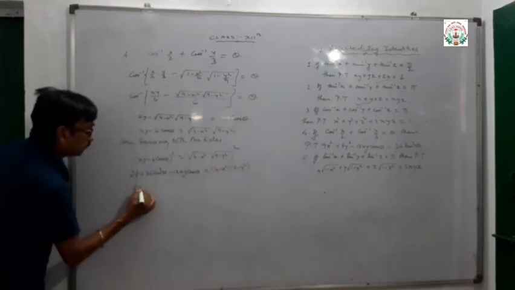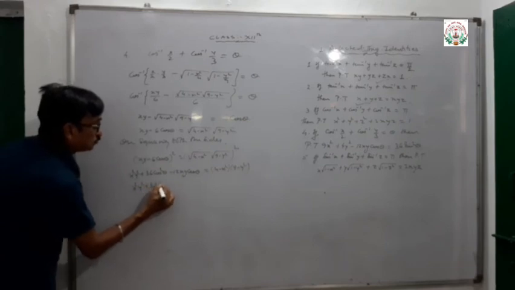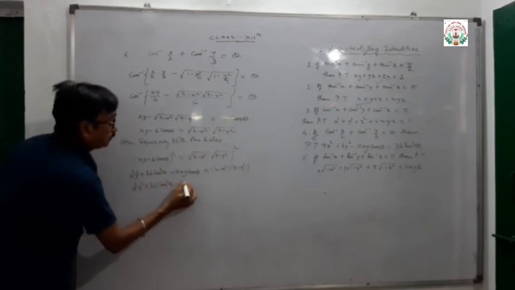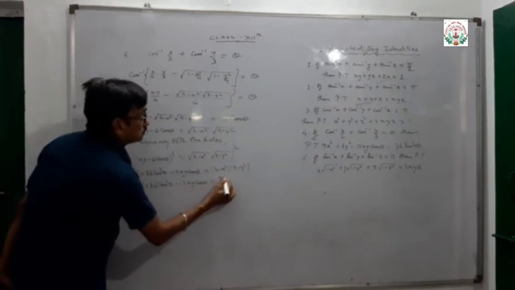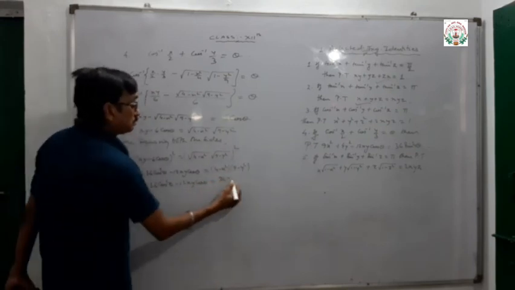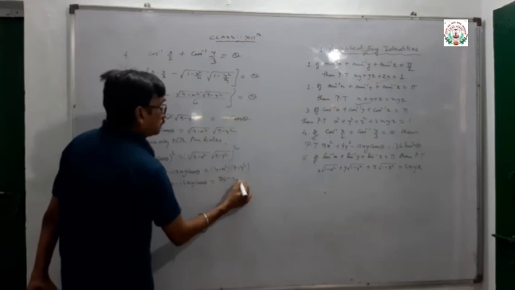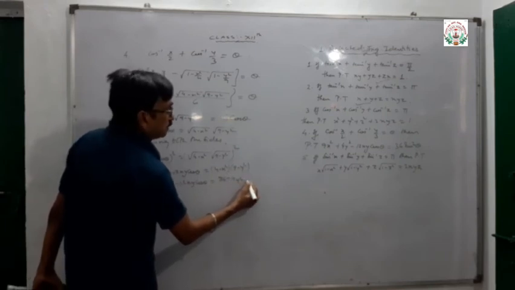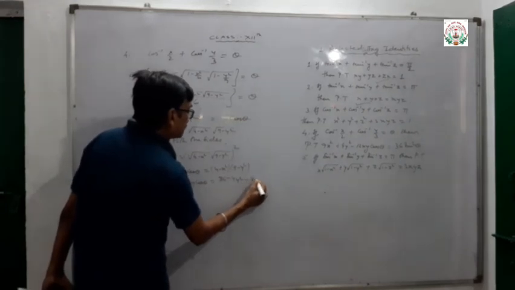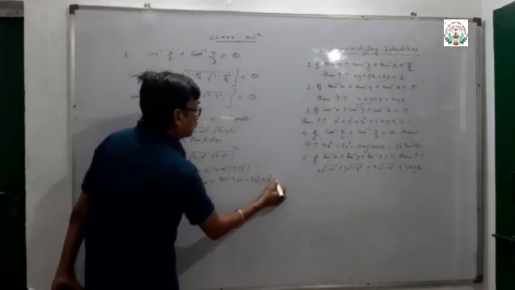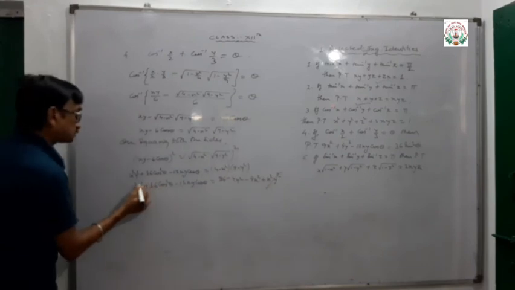So x square y square plus 36 cos square theta minus 12xy cos theta equals 36 minus 4y square minus 9x square plus x square y square, the like terms will cancel out.